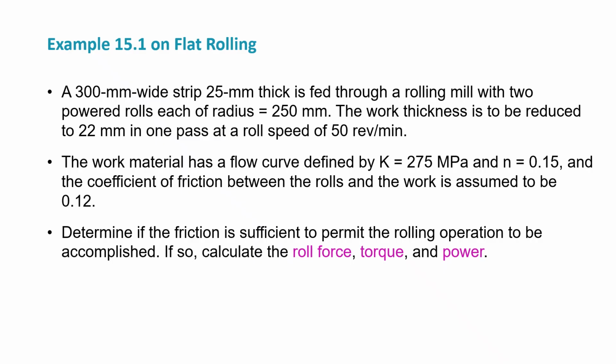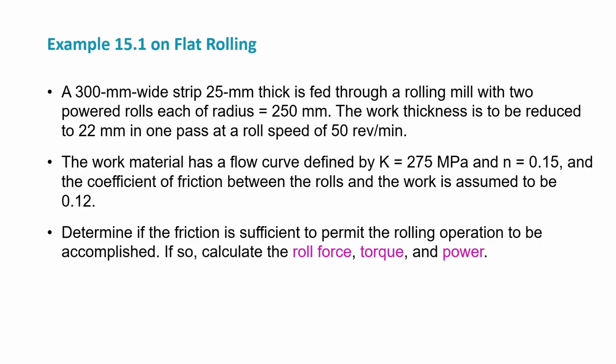Remember, it was 25. It's going to reduce to 22 in one pass at the roll speed of 50 revolutions per minute. So now we have the dimensions of the strip. We do have the RPM value, and we do have the reduction in the thickness.